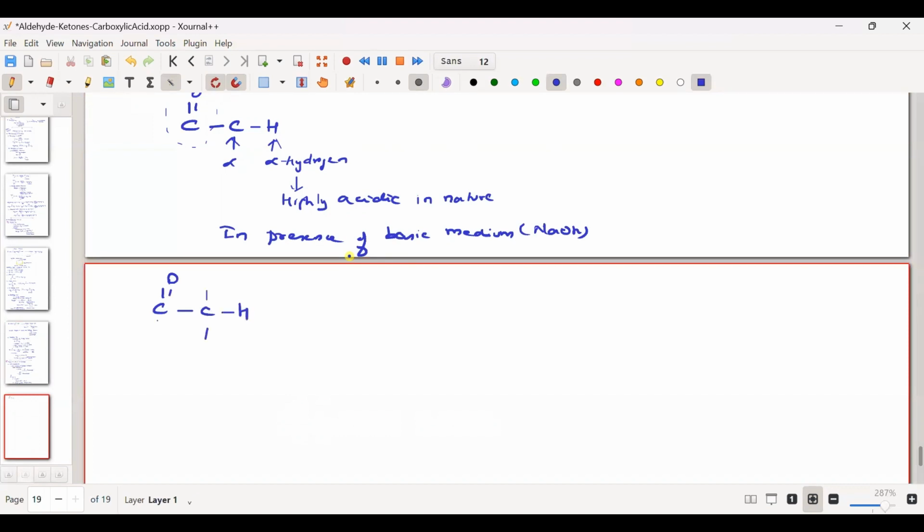Fill it in. In the presence of basic medium, OH minus, this H plus, what will happen? H2O will go away. Then what will happen to this carbon? I have C double bond O, and this carbon will become negative.